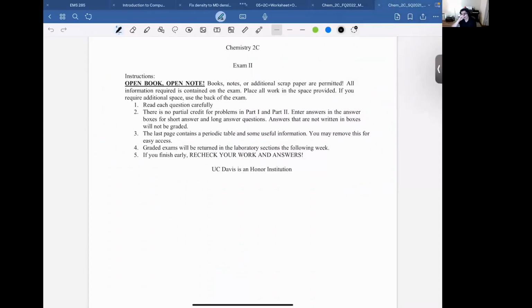I haven't taken a look at this one yet, but I assume it's going to be something similar. Sorry if I'm a little bit slower on this one. Let me share my screen again. And it was number 15.